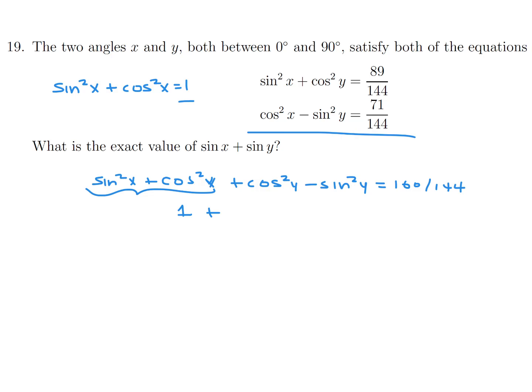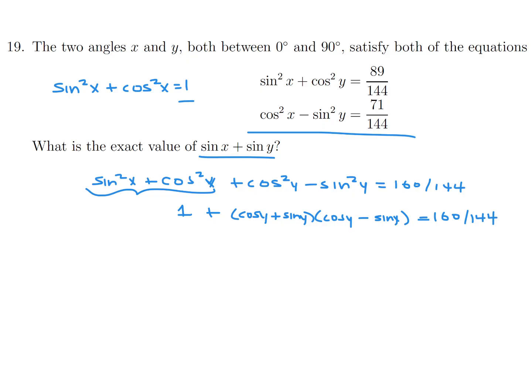And this one, I guess I could factor it. I'm not sure if it helps to factor it, but let's just see. Cos y, sine y, plus and minus. And they want this guy, so we don't have that yet, but hopefully we'll get there. Okay, so that's what I have so far.